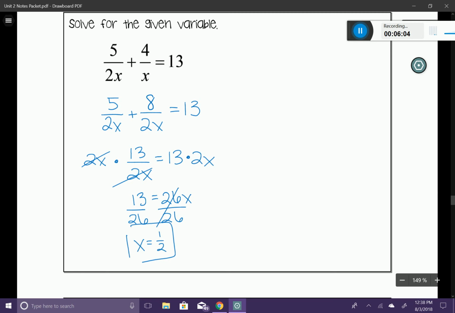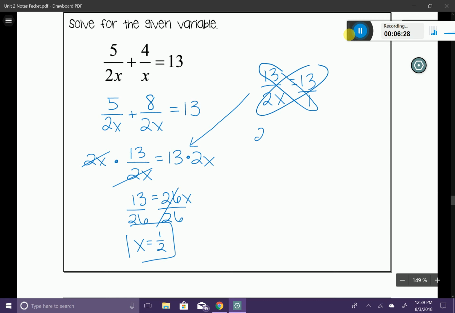But let's take that same problem that we got to, and I'm going to show you the other way. So 13 over 2x is equal to 13. Let's go ahead and make it a proportion. Let's put it over 1. Now we can go ahead and multiply those cross products. So either way that you'd like to do it is up to you.